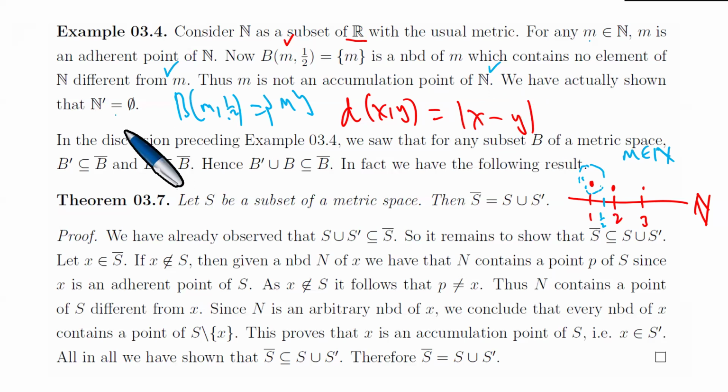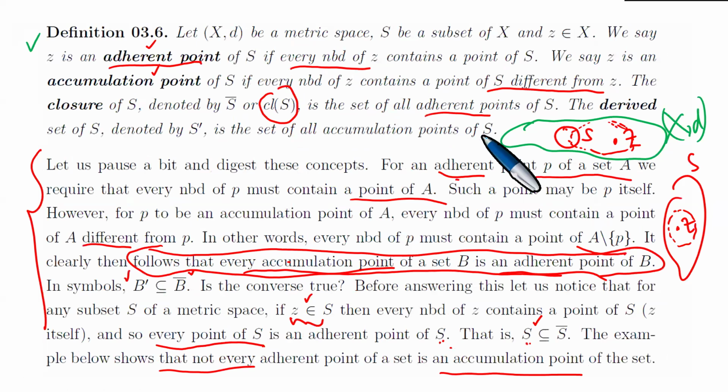We've actually shown that the derived set of the naturals is empty. In other words, the derived set of S, which you call S primed, is the set of all accumulation points, and we then said it is what?